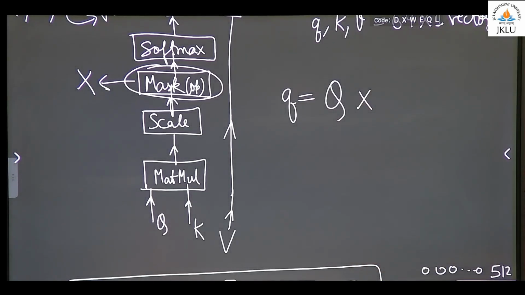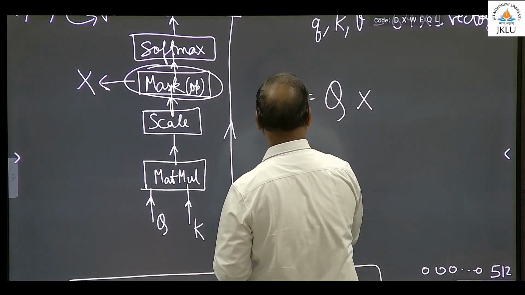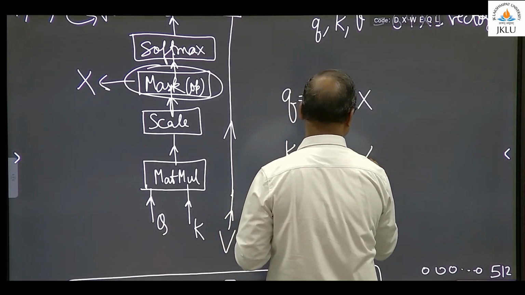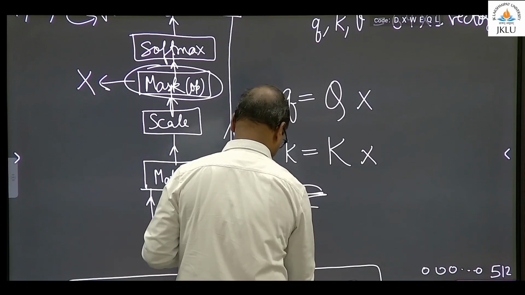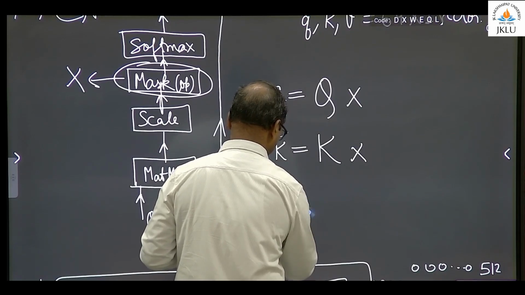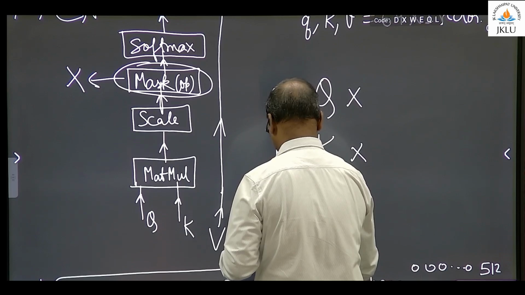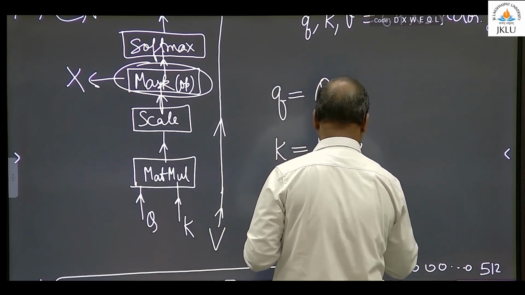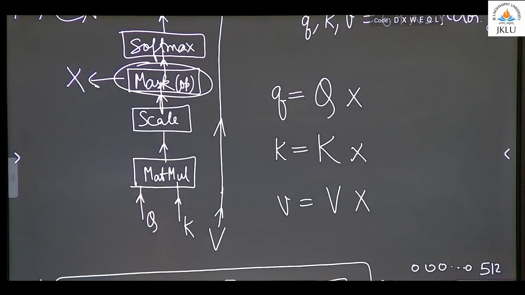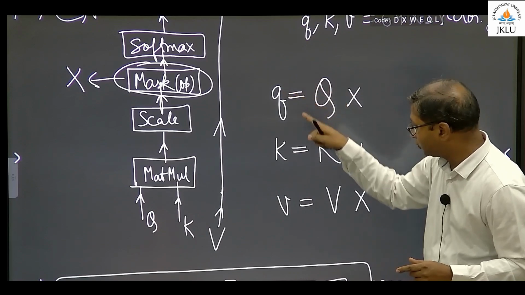This is how you get the query vector. How do you get the key vector? How do you get the value vector? This will be small v. So for every x you will compute QKV.